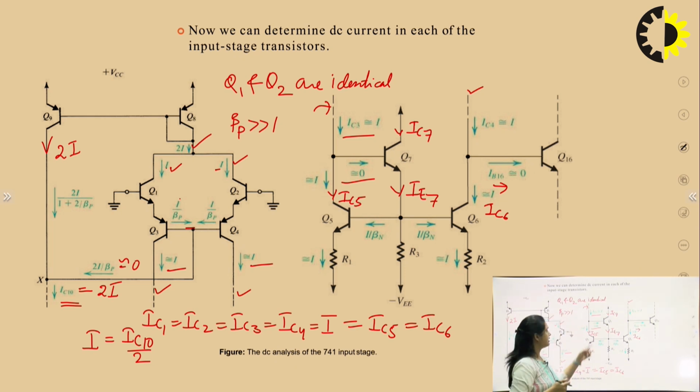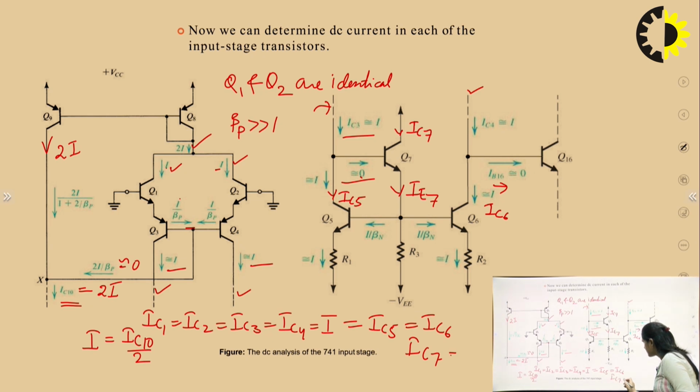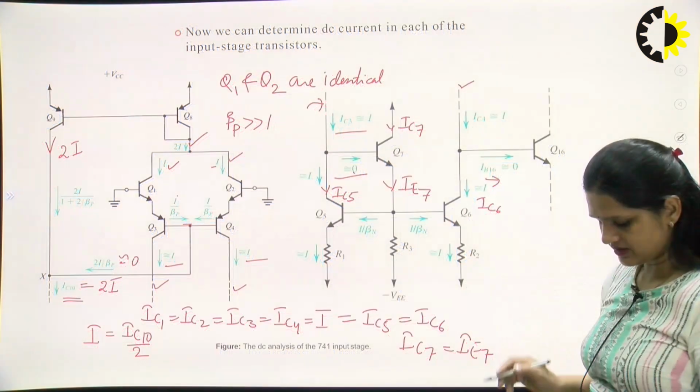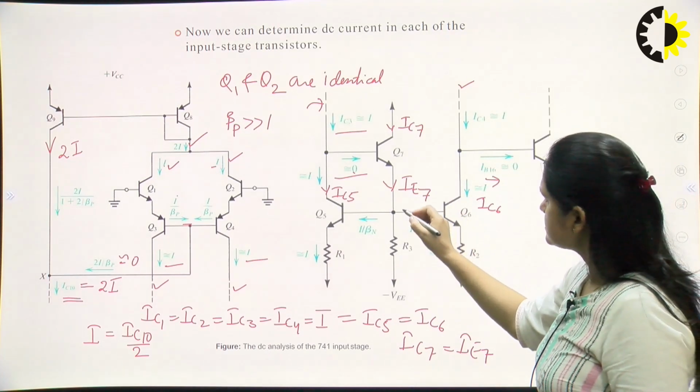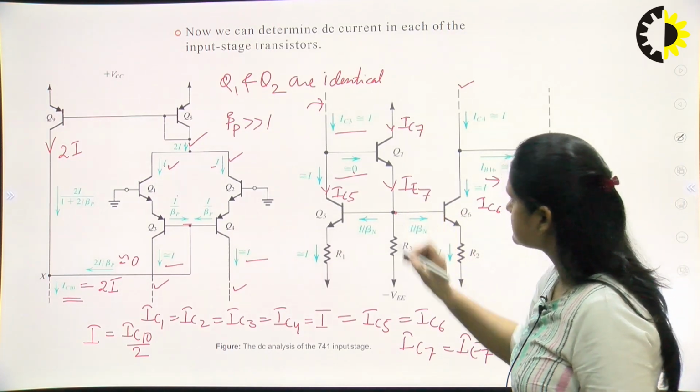Because the base current of this Q7 transistor is 0, I can write that IE7 equals IC7. So now to calculate this value IE7, just apply KCL at this node.